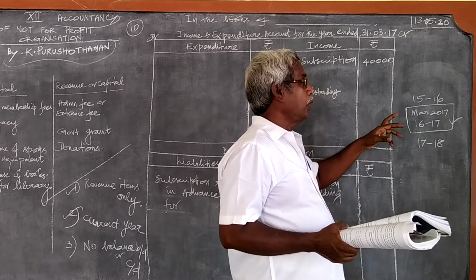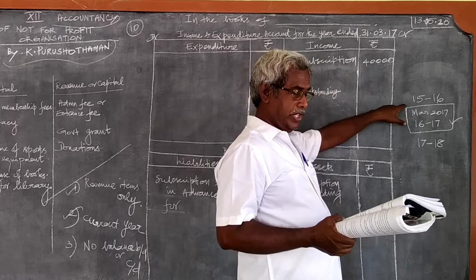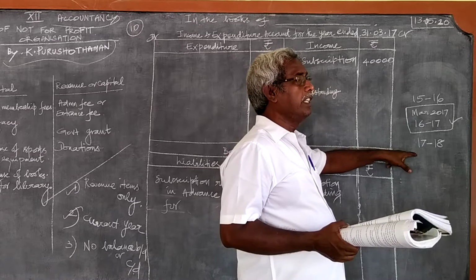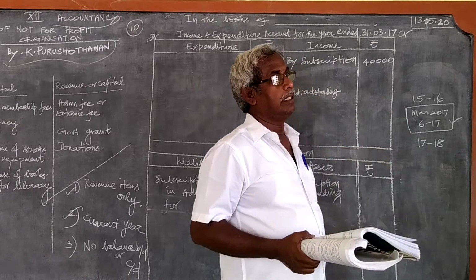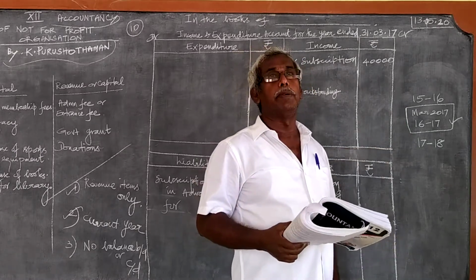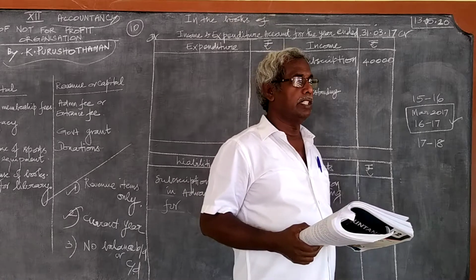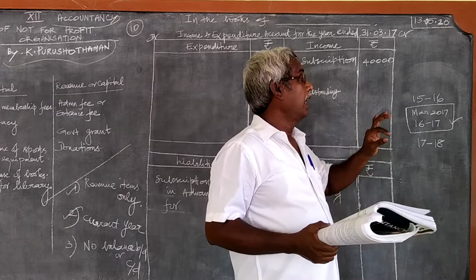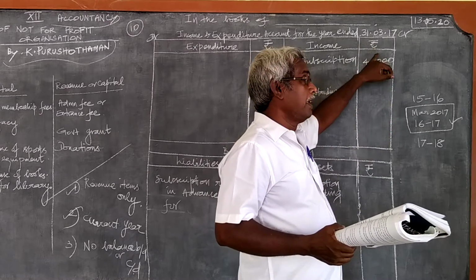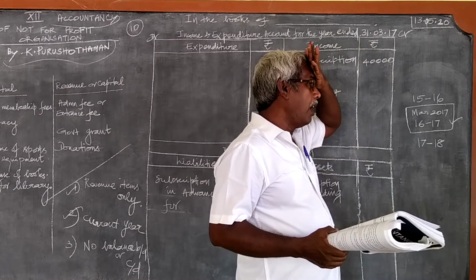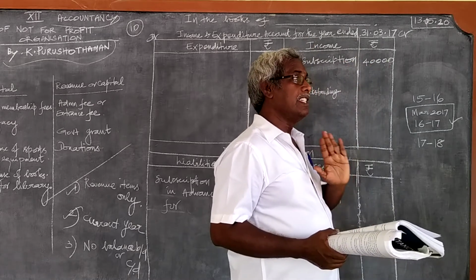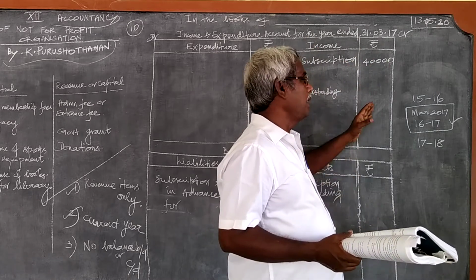In this 40,000, the 15-16 amount is there and also the 17-18 amount is there. What is the rule for the preparation of income and expenditure? If the amount is related to the accounting year, whether it is paid or not, it should be shown. Other years' amounts should not be shown.